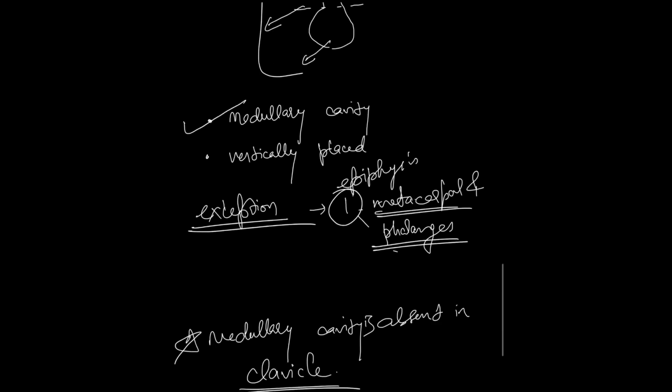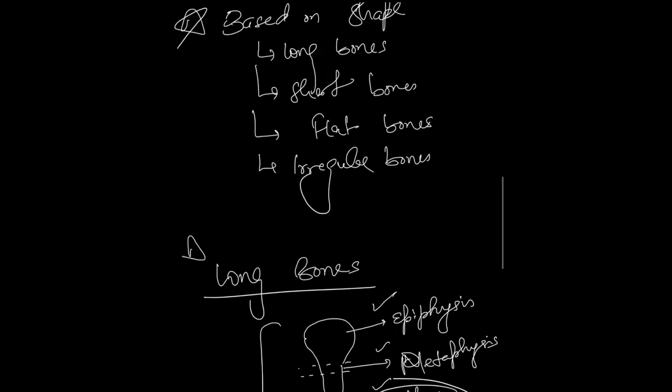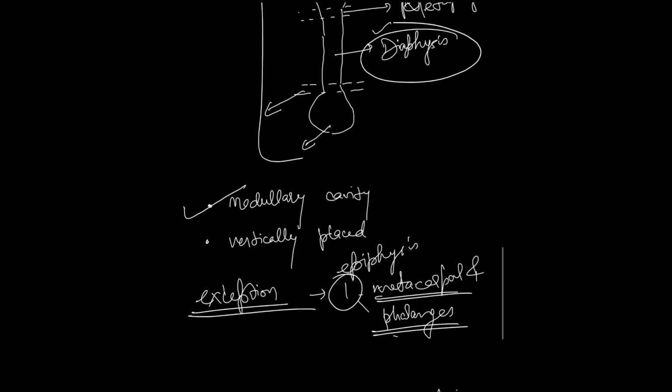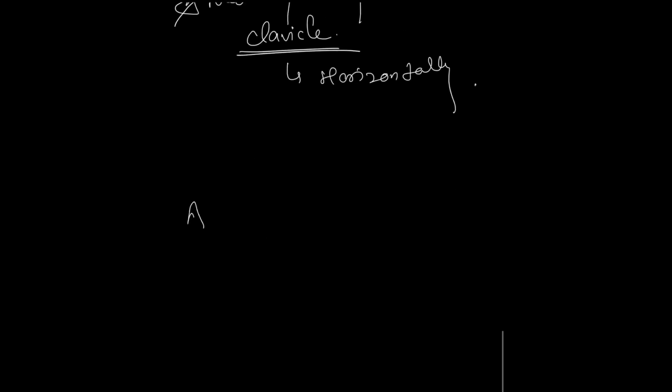Now we have talked on the features of long bones. Now we'll talk on features of short bones. They are short in length. We can get this from the name only.